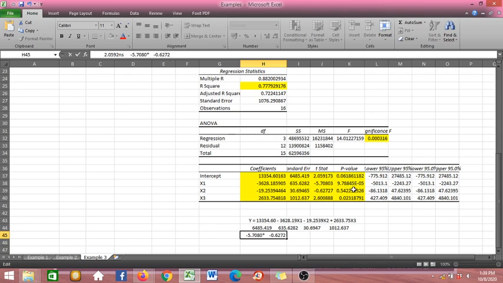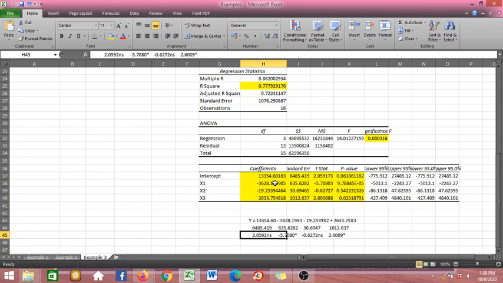So again, the p-value is 0.5, which means not significant because it is greater than 0.05. And then for the last one, we have 2.6009. The p-value 0.02 is less than 0.05, so significant. So we have two significant values.